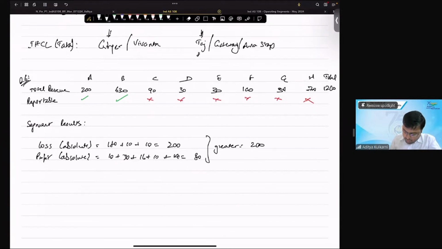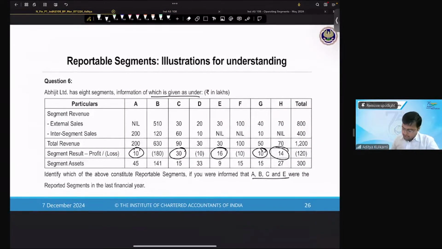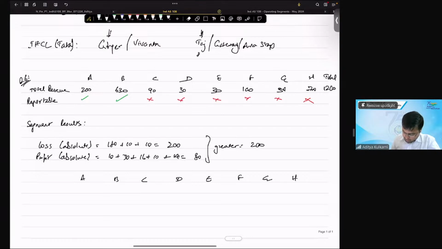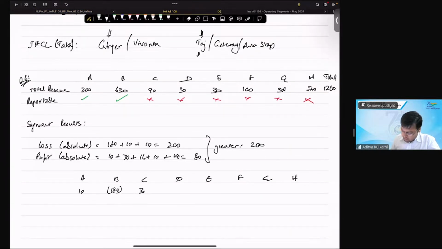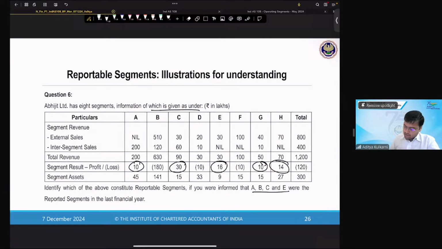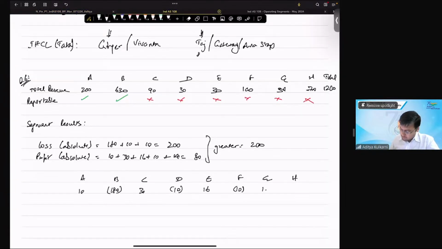So now A, B, C, D, E, F, G, H. According to that, 10, 180, 30 minus 10, 16, minus 10, 10, 40. 10% in absolute terms is 20, correct?